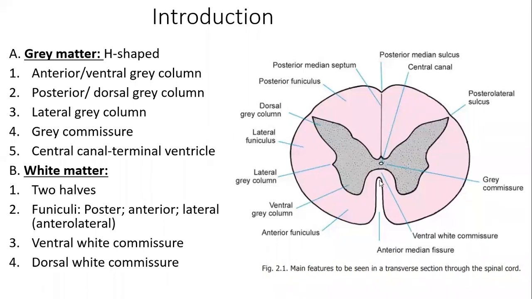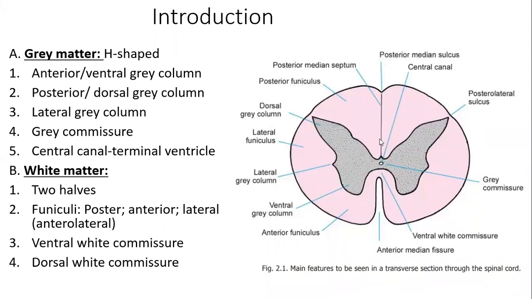Yes. In most cases, there is a ventral white commissure. What is that? The part of the white matter lying anterior to the gray commissure, between the gray commissure and anterior median fissure. This part of white matter is labeled as ventral white commissure.